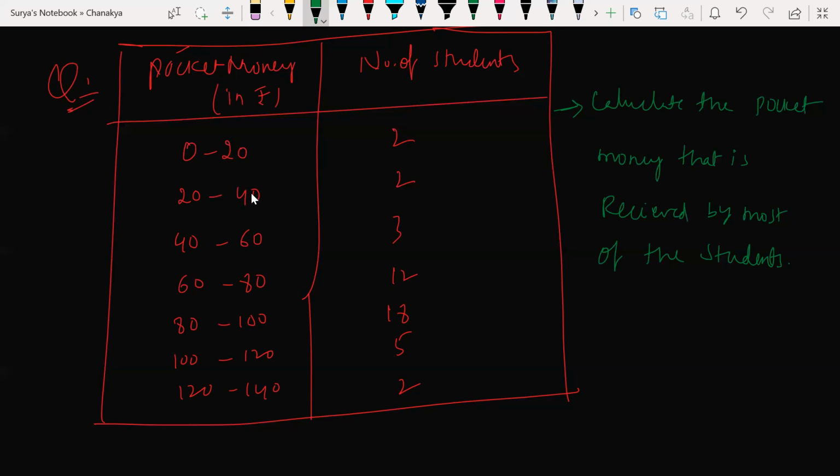Very good question. Sir, here what we have to find out? That is what he has given, right? Calculate the pocket money that is received by most of the students.